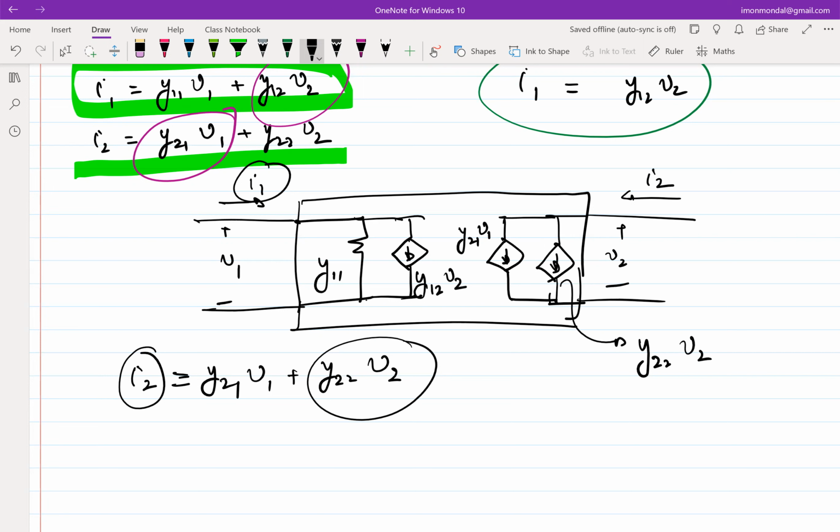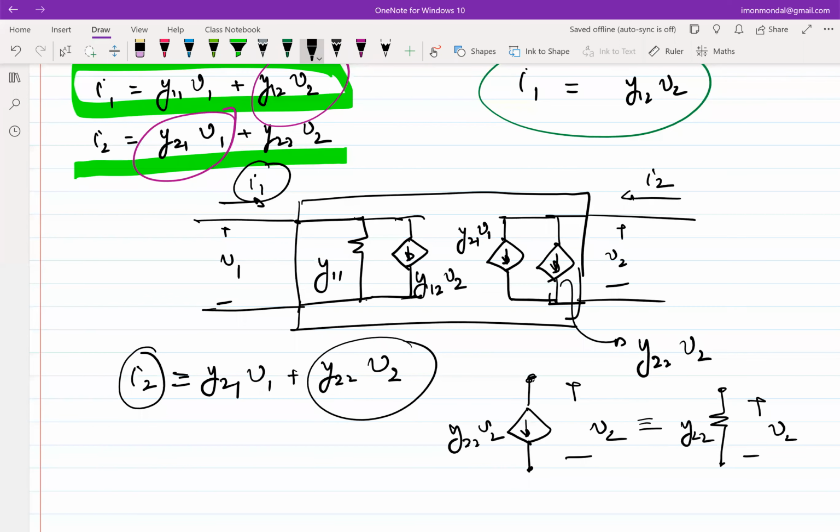But note that since I have expressed this in terms of Y22 V2, where V2 is the voltage across the current source, then essentially if I have a current source like this, it is no different from a resistor of value which is inversely proportional to the proportionality constant.